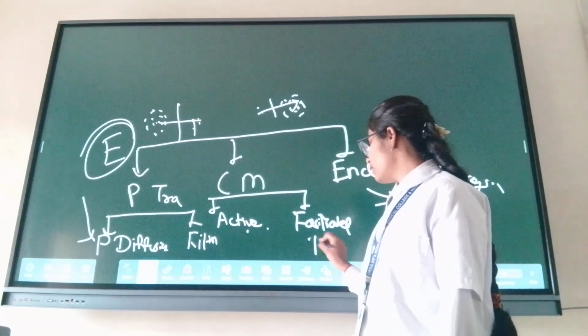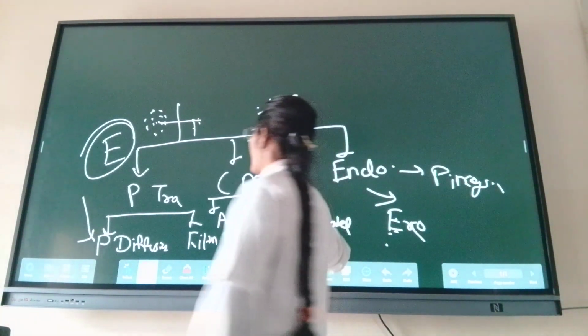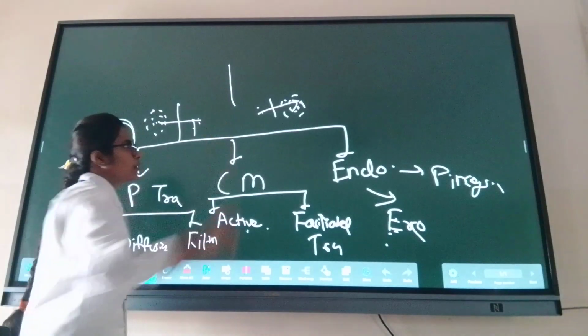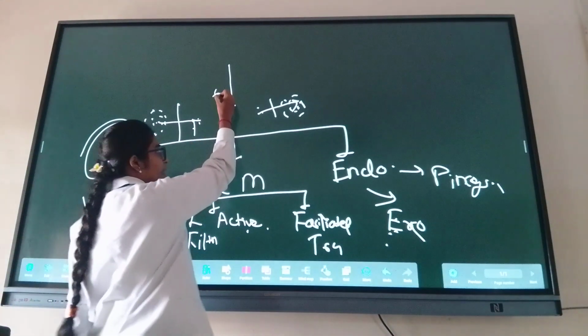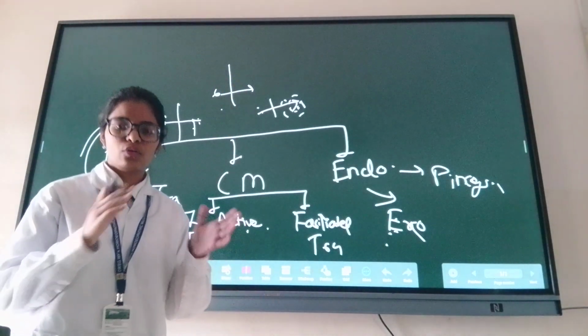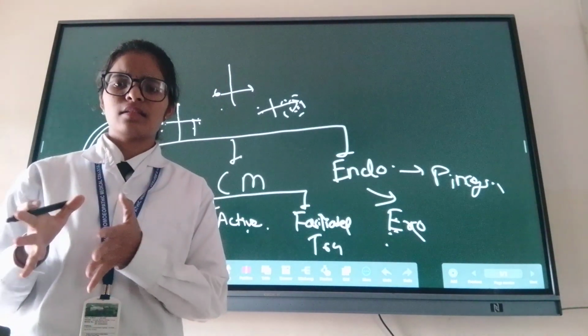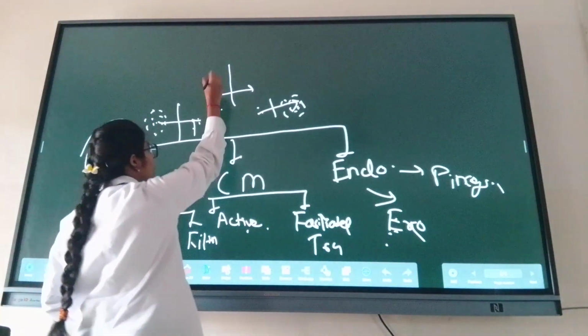Then facilitated transport. This is something new. Suppose this is the membrane. This is the drug. My drug wants to go from here to here, from the intestinal lumen to the bloodstream. How will it go? Then there is a carrier for it.